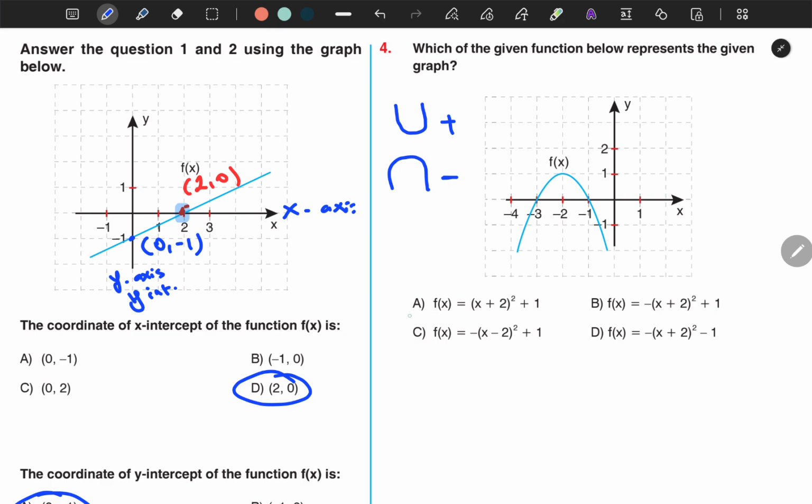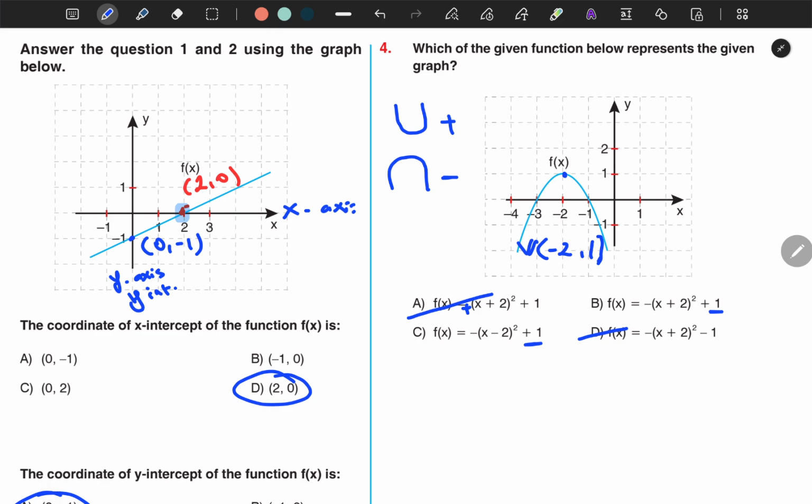So I will directly eliminate A because this is positive. Alright, when you look at this graph, I have to check my vertex point. My vertex is negative 2 and y is positive 1. Which one has y as positive 1? This. So D is also eliminated.